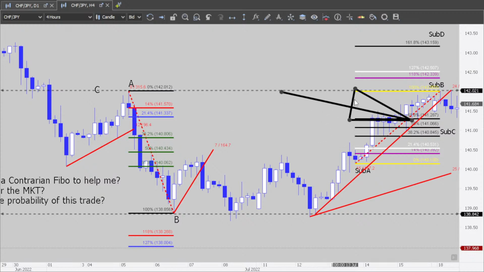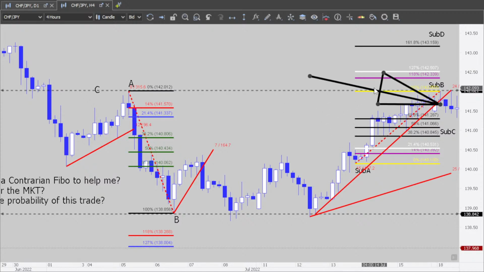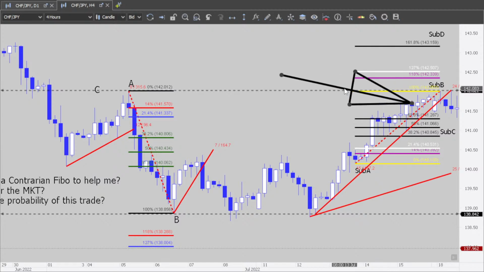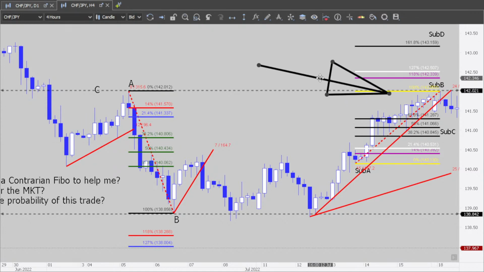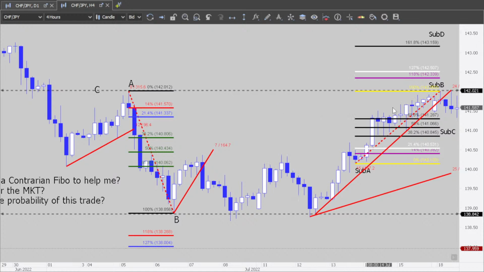So, question: is this a trade that you should take? What is the probability, and would you take this trade? Because of the risk-reward ratio, everybody.